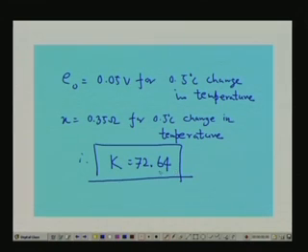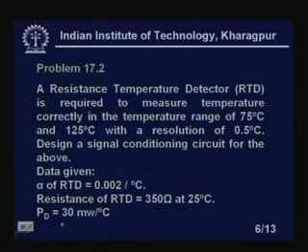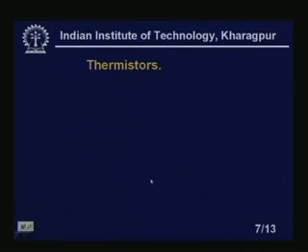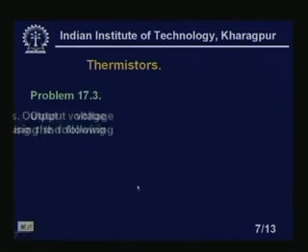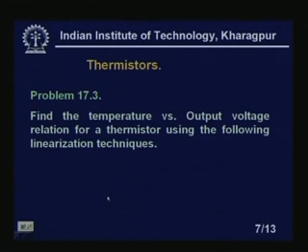Now, the next problem will be on thermistor. Let us solve that problem. It is a thermistor problem. It says: find the temperature versus output voltage relation for a thermistor using the following linearization techniques.